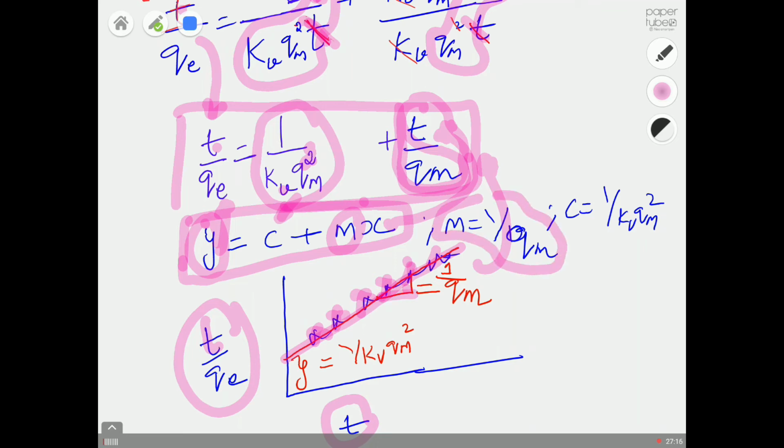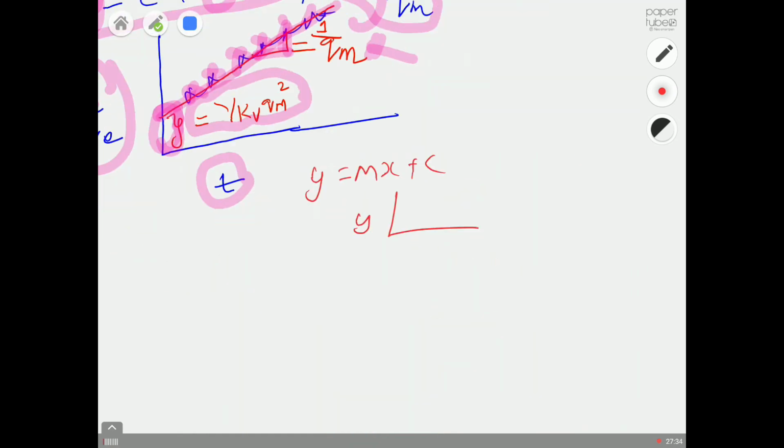Your slope should give 1 by qm, and your intercept should be equal to 1 divided by kv qm squared. I hope you all know these equations, like y is equal to mx plus c. If you plot y versus x, your slope will be m, and your intercept will be equal to c. So that's what I did here.